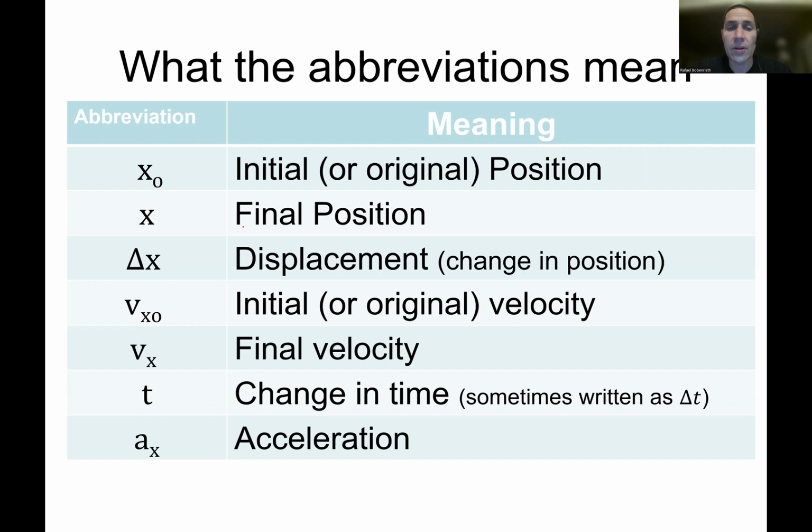Notice underneath there, the second row is final position, x without a subscript. Delta x, remember that triangle stands for change in. So this would be a change in position, otherwise known as a displacement. The v we know is velocity, but what about the x and the o that are both subscripts? Well, the x in this case just gives you a sense of what direction we're talking about.